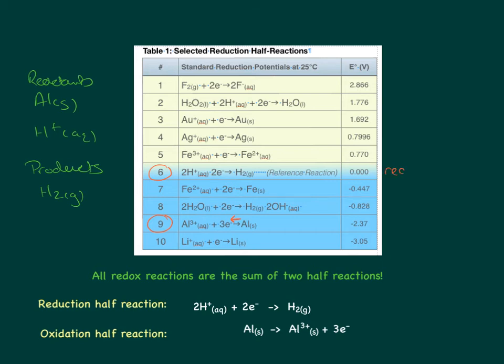So reaction 6 is going to be our reduction reaction, and reaction 9, which we're going to rewrite going in the other direction, is going to be our oxidation reaction.